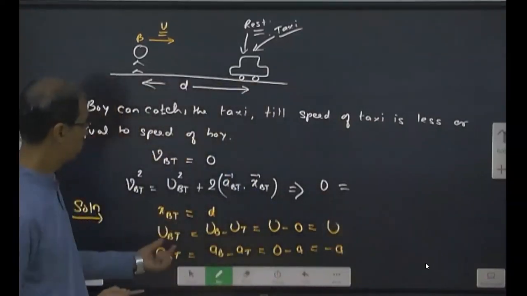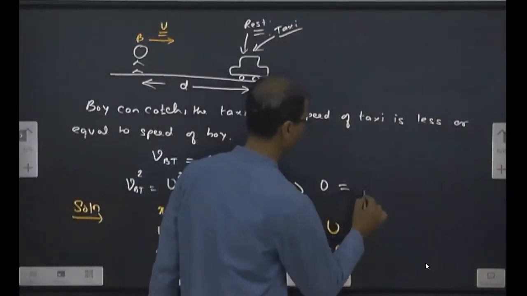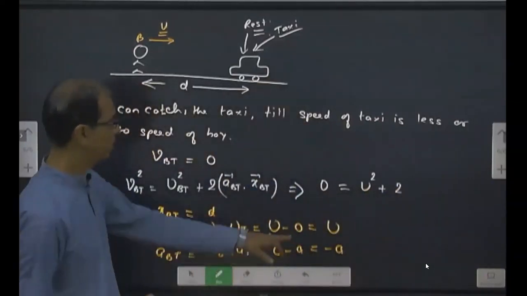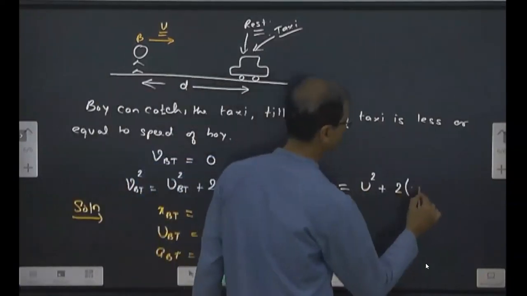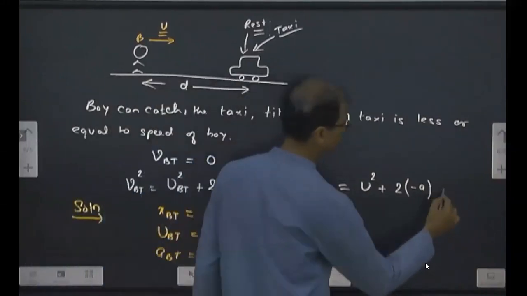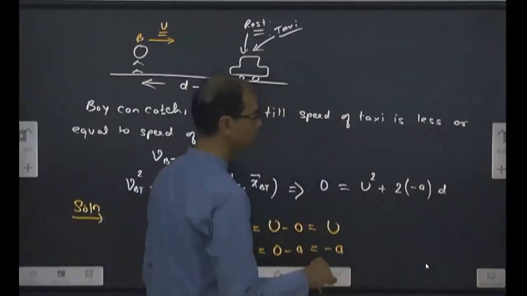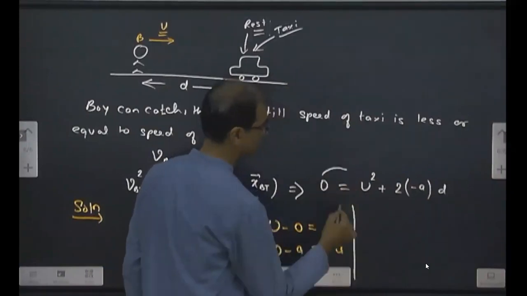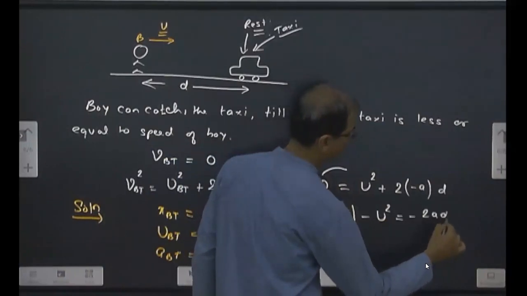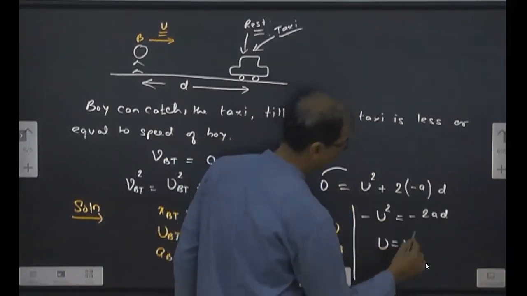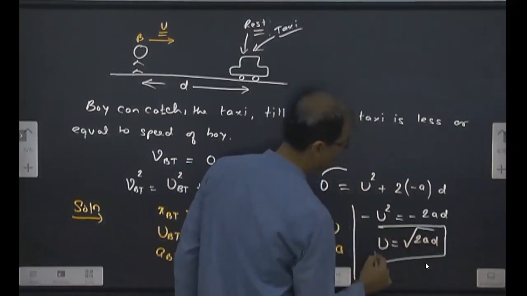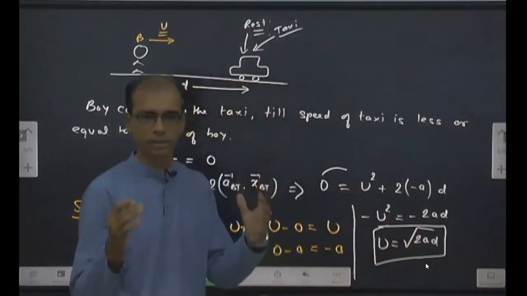UBT is u, so u square plus 2, acceleration of BT is minus a, XBT is d. So bring it here. This is minus u square equal to minus 2ad. So the speed with which he should run to catch should be equal to root 2ad. Then only he can catch the taxi. Otherwise, not possible.